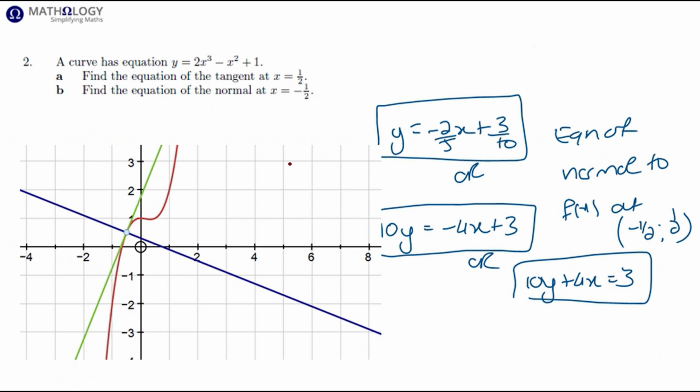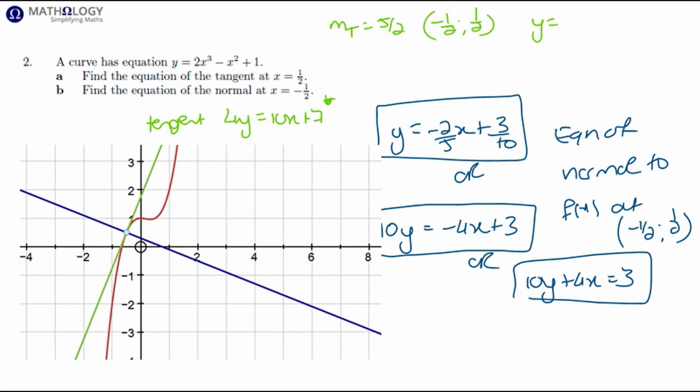Then we can illustrate the tangent and the normal at the point minus a half. The line in green is the tangent, which has the equation 4y equals 10x plus 7, which you can verify. The gradient of the tangent is 5 over 2. The point of contact is minus a half.